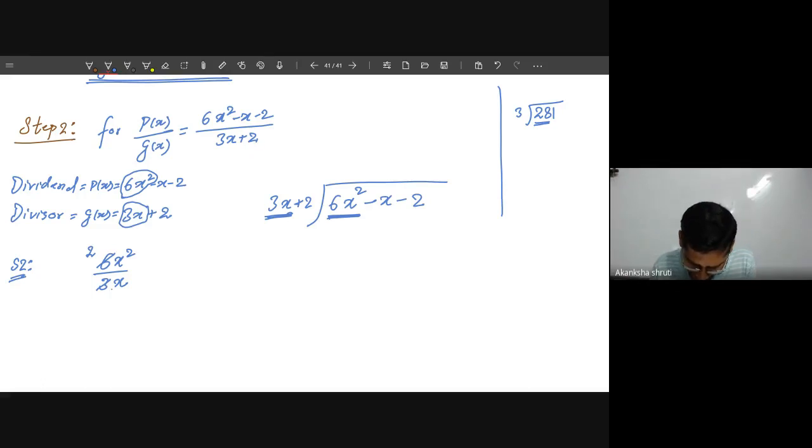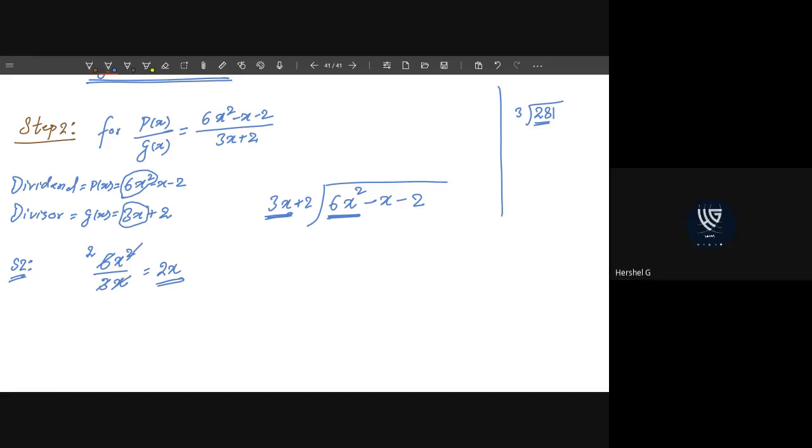Means one of the x will also get cancelled. X square means x into x, so one of the x will get cancelled. So what is left is 2x. Student, did you understand that when I divide 6x square by 3x, what is left? 2x is left. Is it okay? 2x raised to 1.